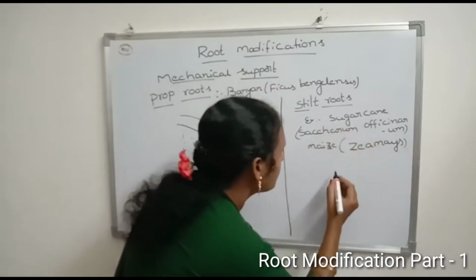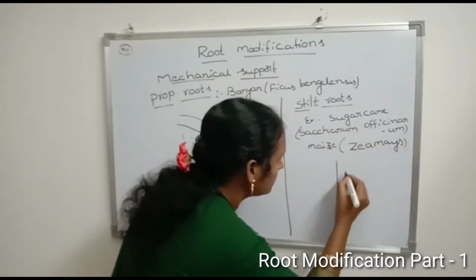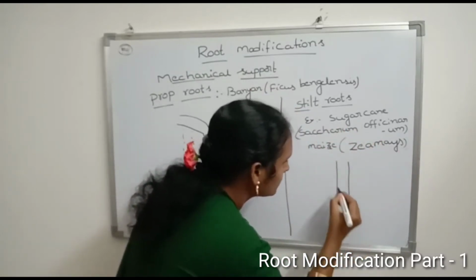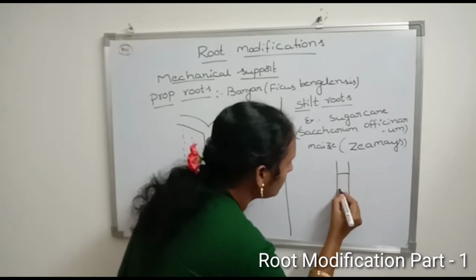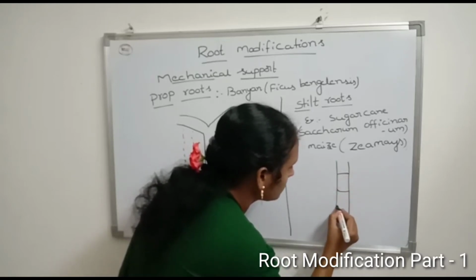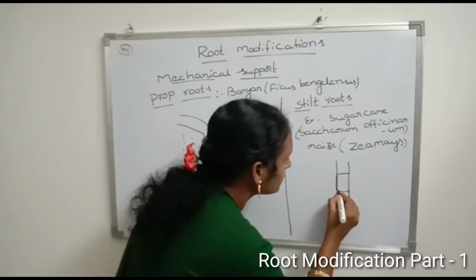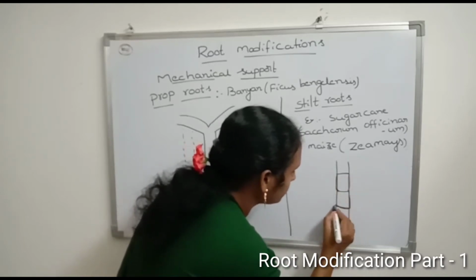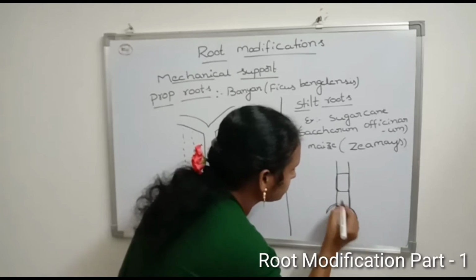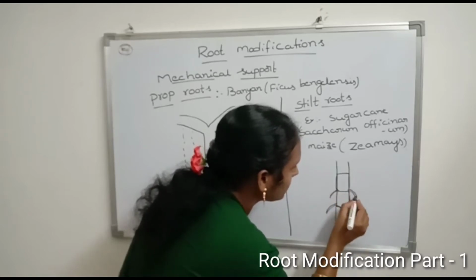In the stem of sugarcane and maize, roots originate from the lower node of the stem near the soil.